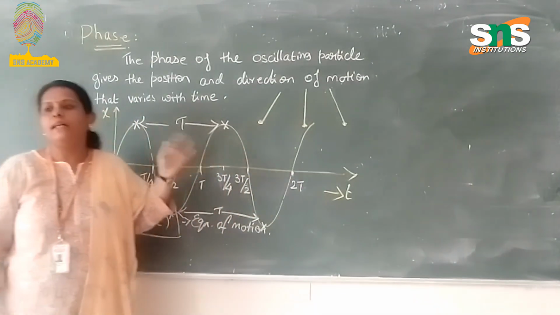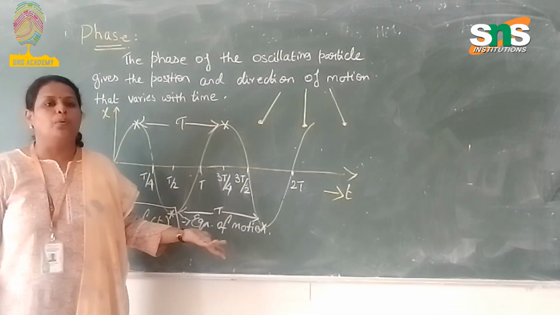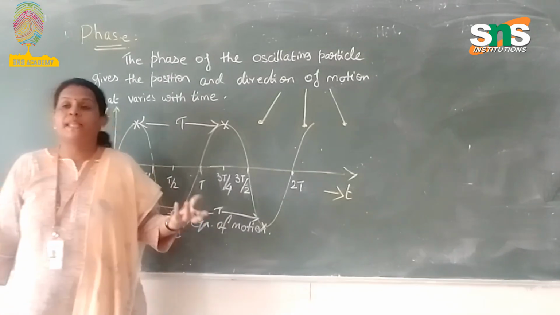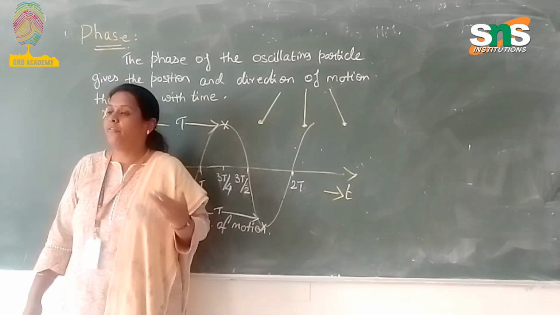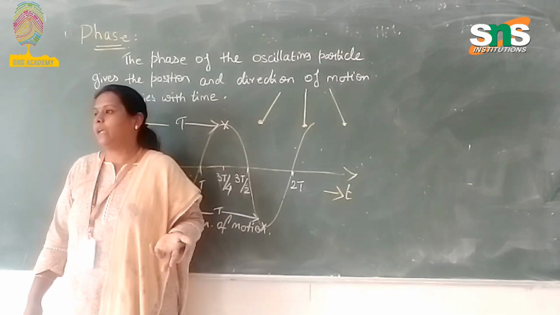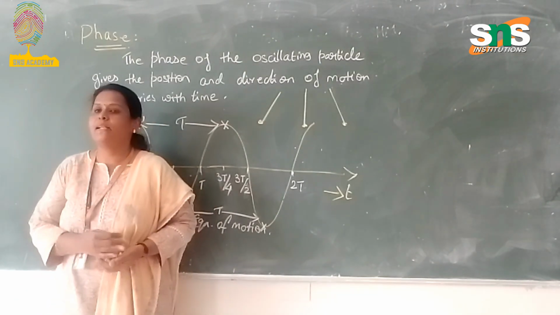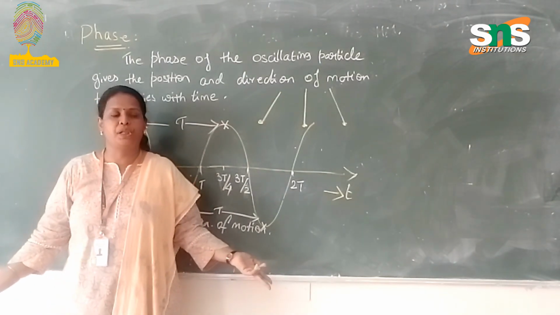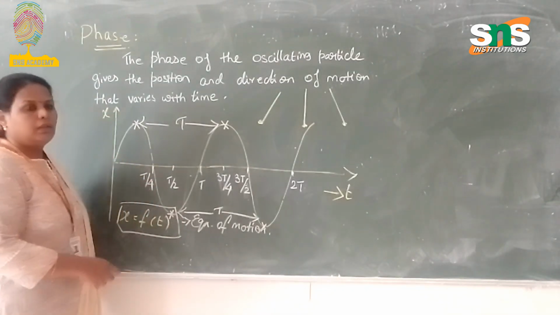So it gives the situation that's happening now. But if I say initial phase or phase constant, it refers to the position when time is equal to 0. When time is equal to 0, at which position may the pendulum be?